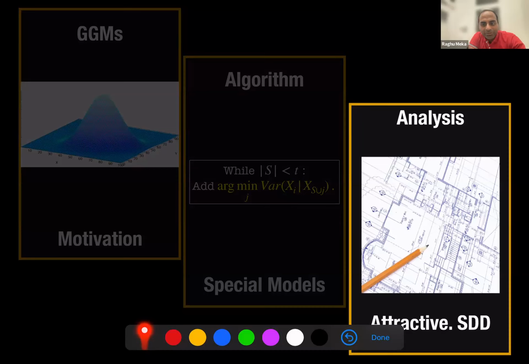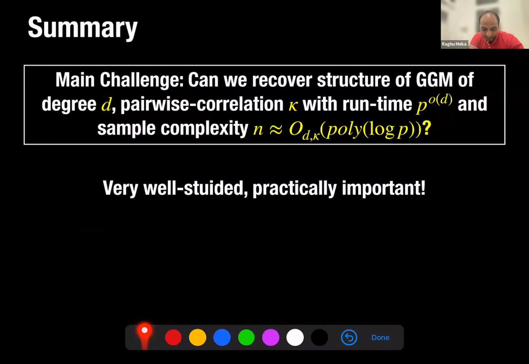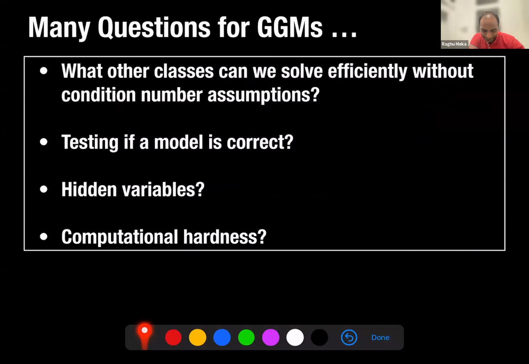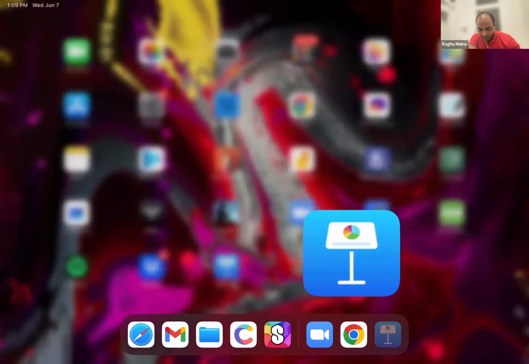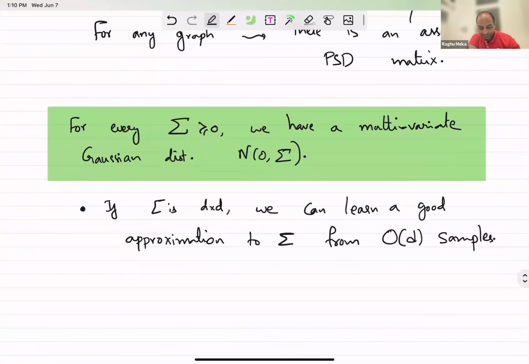So in the remaining few minutes, let me say a few words about the analysis. For the analysis, I'm going to go to the slides again.